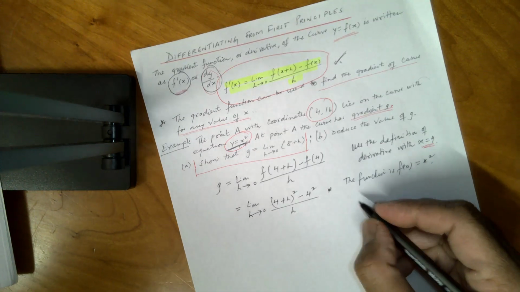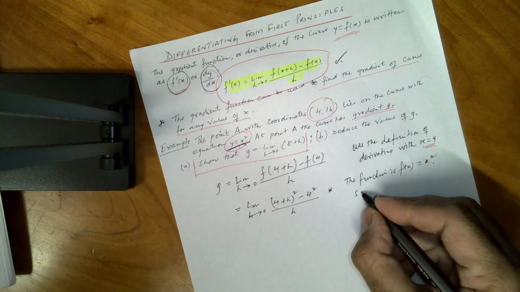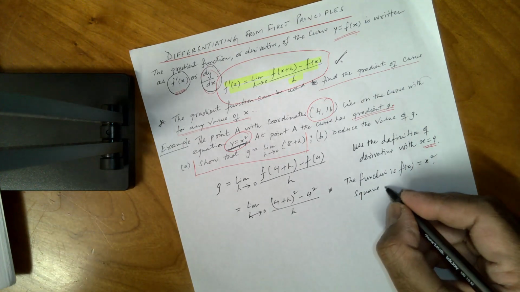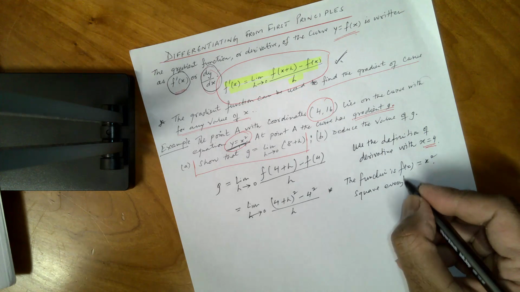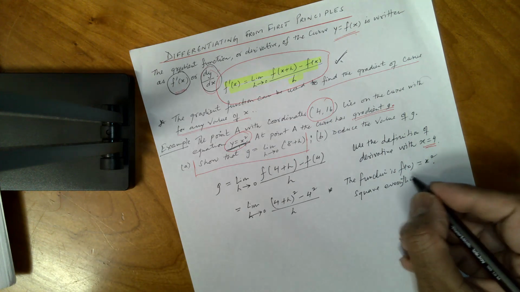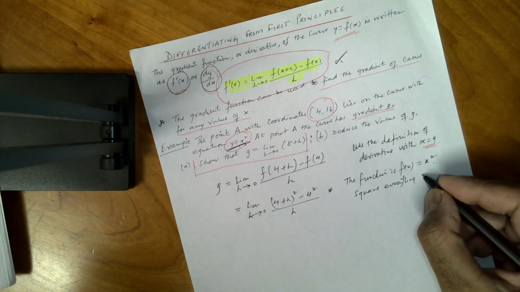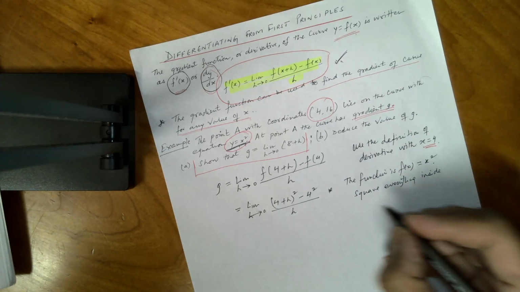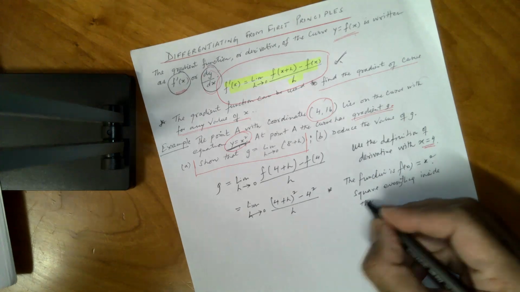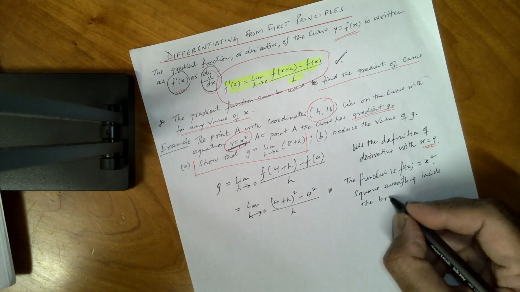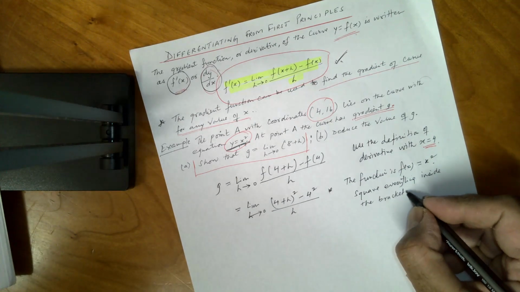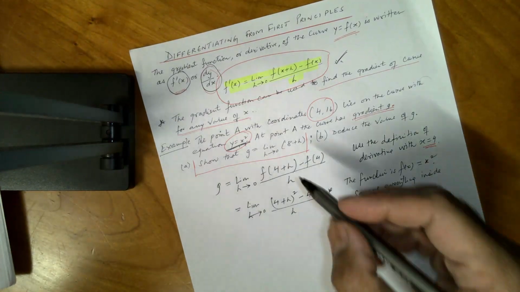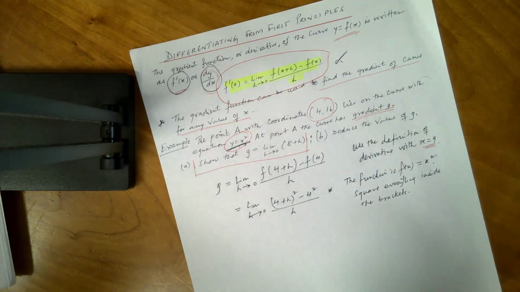That's why you need to square everything inside the bracket, and that's why you got this one here. Yes, clear so far?